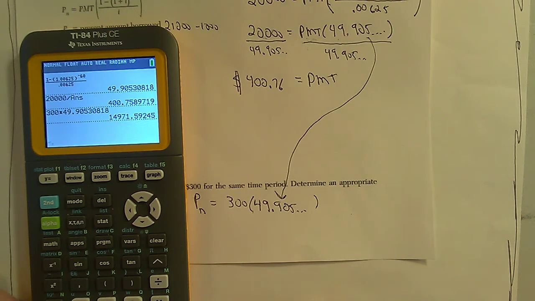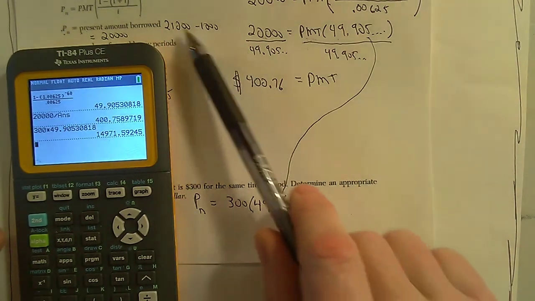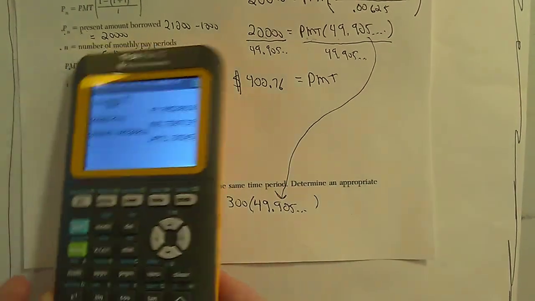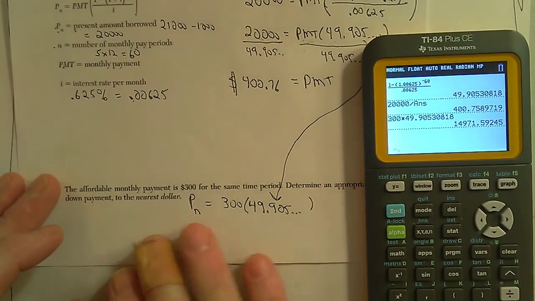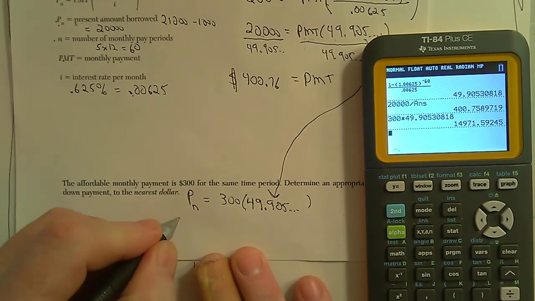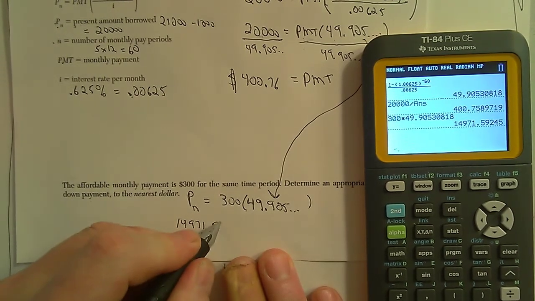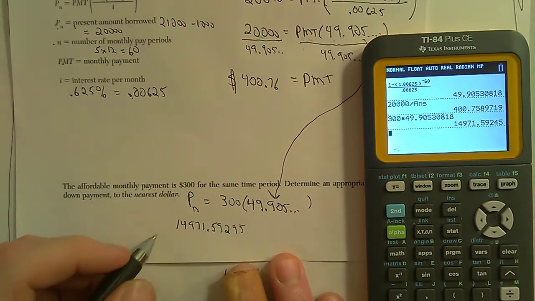14,971. That's how much I can borrow. Okay, but the car costs 21,000 to start with. But if I want my payment to be 300, I can only borrow 14,971. All right, so this guy is 14,971.59245.